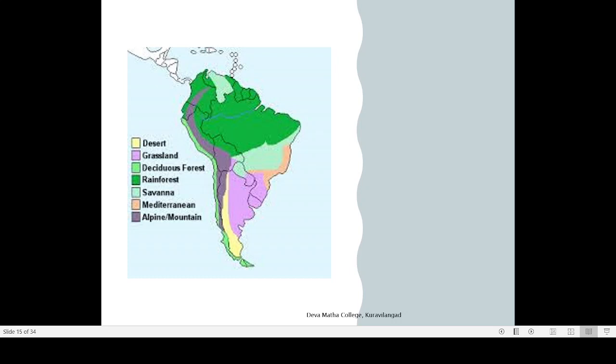One such region is the Western Ghats, and in India the northeast, Assam, is also considered a hotspot, and similarly the Amazon region is also considered a biological hotspot. That means there is a high diversity of plants and animals there.